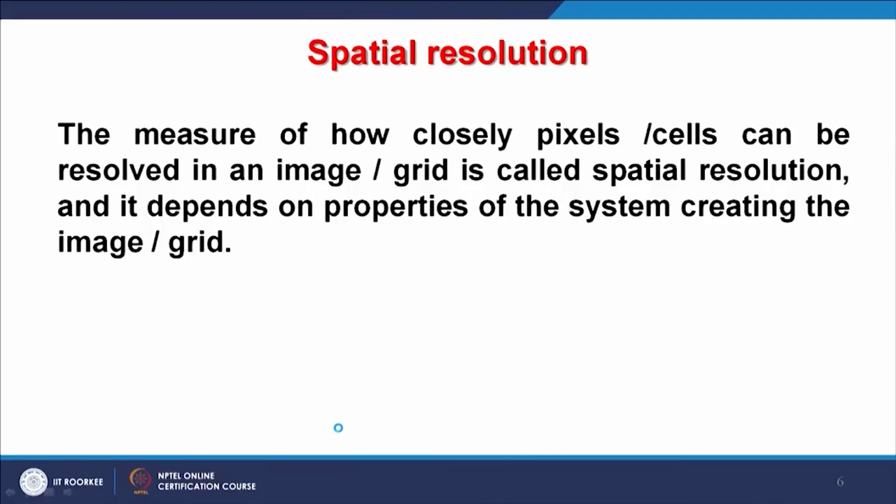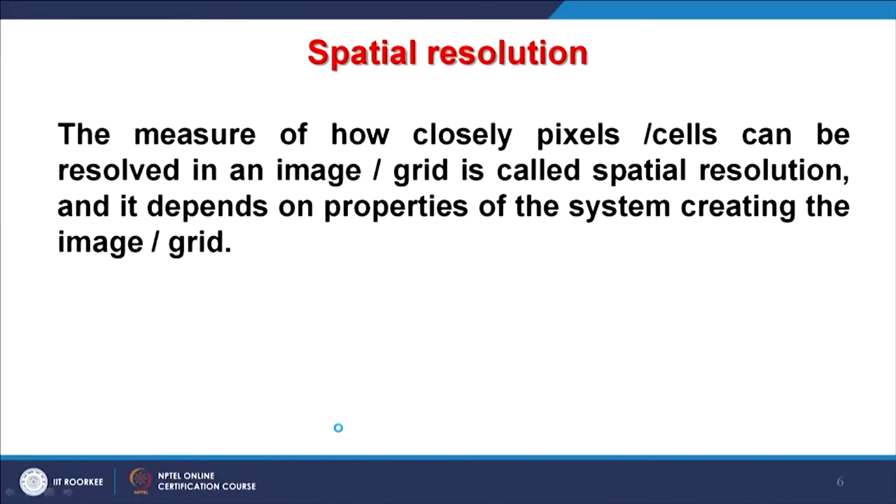Now, I mentioned spatial resolution. This is a common definition for image as well as for grid: the measure of how closely pixels or cells can be resolved in an image. That means how I can identify different objects in two adjacent cells or pixels, and it depends basically on the properties of the system which is creating the image or grid.